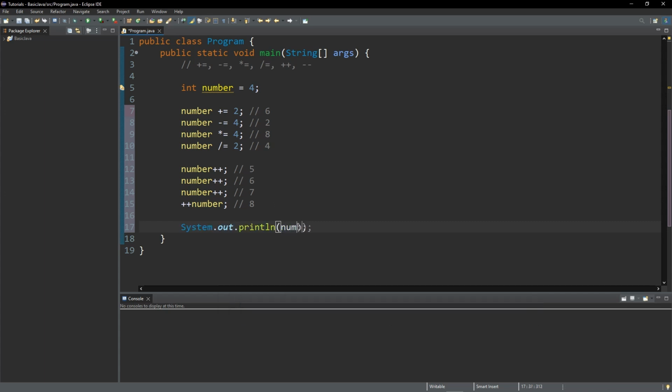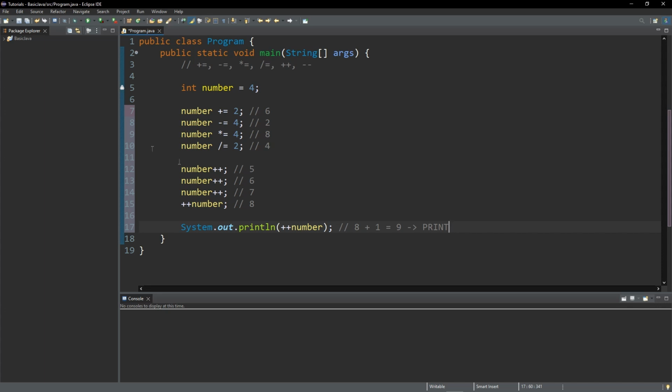If you say number plus plus, this will take the current number, which is 8, and print it out. Then after that, it's going to add 1 to 8, which is 9. But if I say plus plus number, it's going to do the reverse. It's going to say 8 plus 1 equals 9. Now print that.